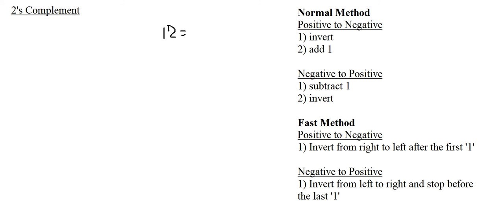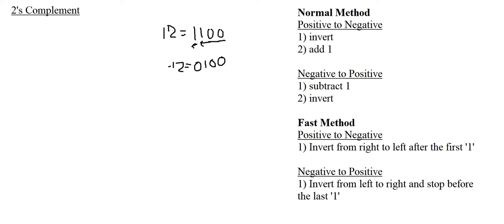It's a 1, 1, 0, 0. So we see there's no 1 yet. Keep going. There's no 1 yet. And then we hit our first 1. We leave it alone and invert everything afterwards. So 0, 0, 1. Invert that last 1. Boom. We got negative 12.